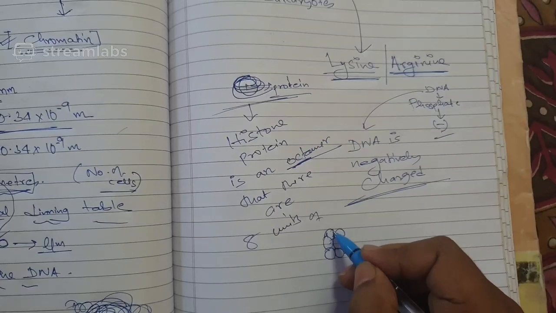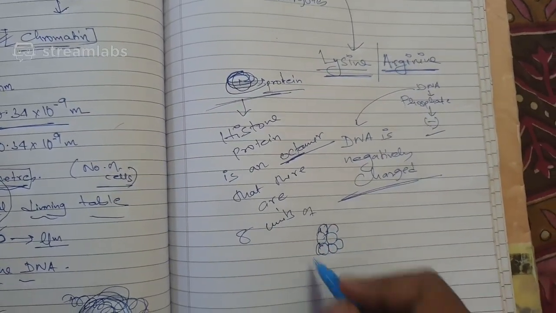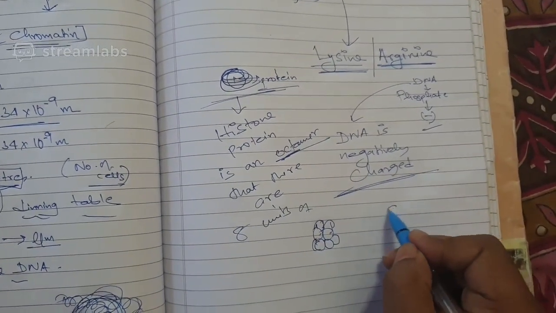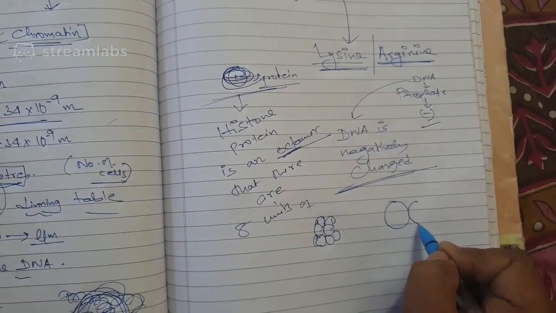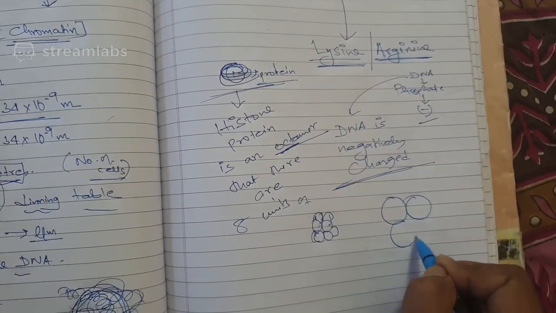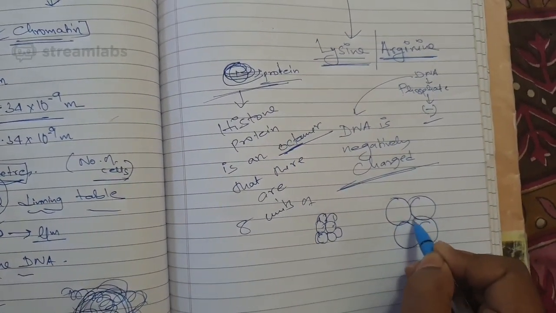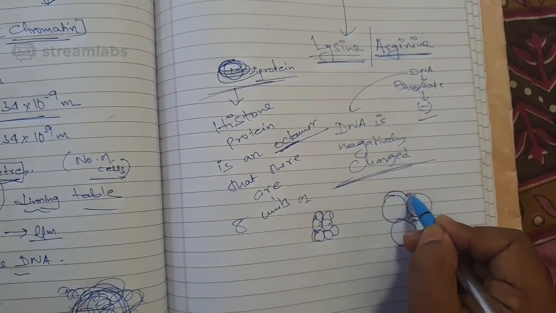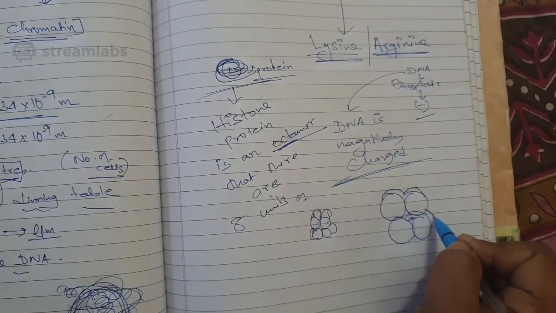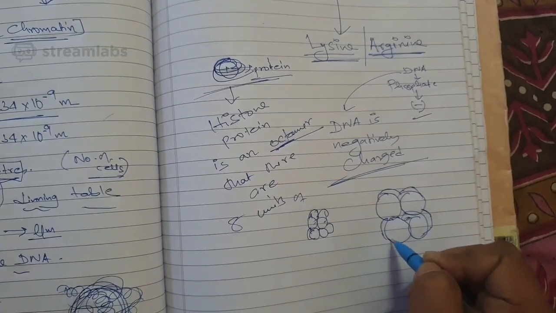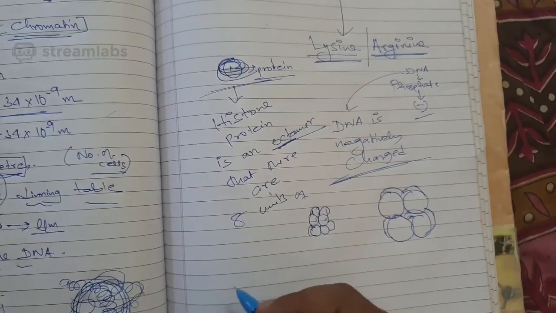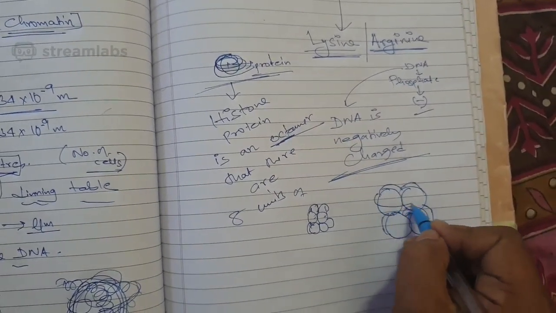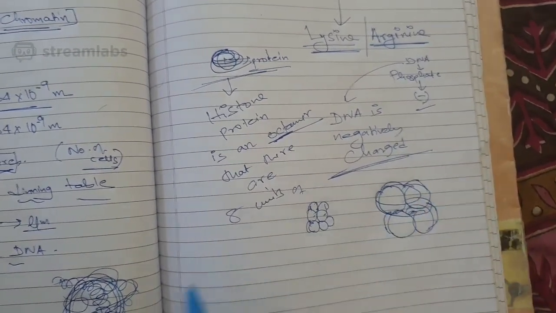Just at the back 4. So in this way histone, I am very poor in drawing, I'll try to draw 4 like this, okay, and 4 at the back. I'm just showing certain portions at the back. Okay, so it's an octamer and the DNA wraps around the octamer.